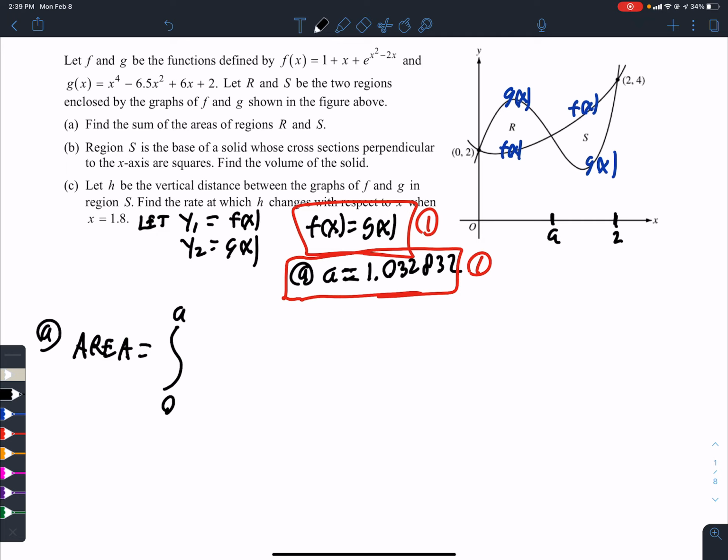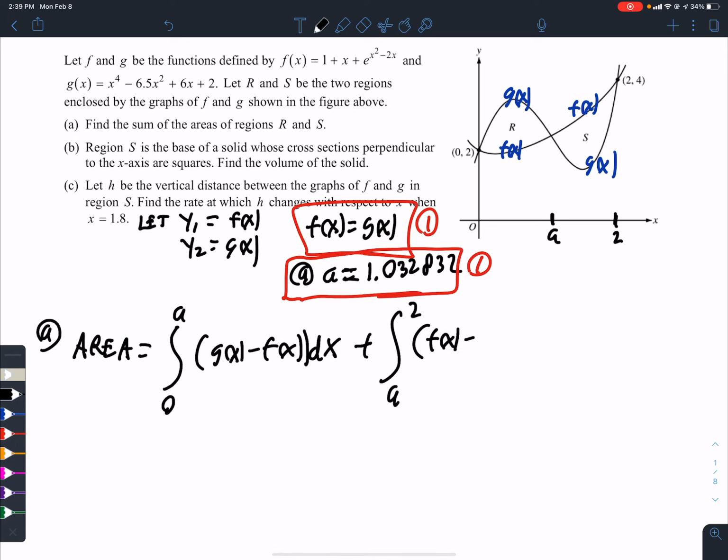The height is big Y, which is g of x, minus little y, which is f of x, and the thickness or the width is dx. Then, for region S, I'm going to go from A to 2 and add up the rectangles. So A to 2. Now big Y is f of x, and little y is g of x, and the width is dx.